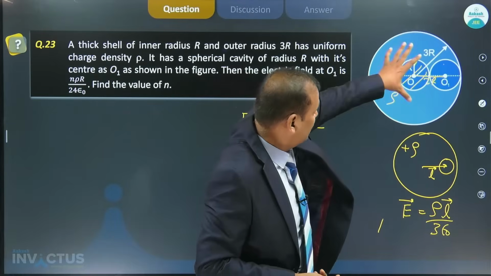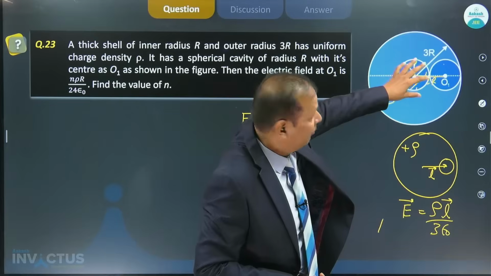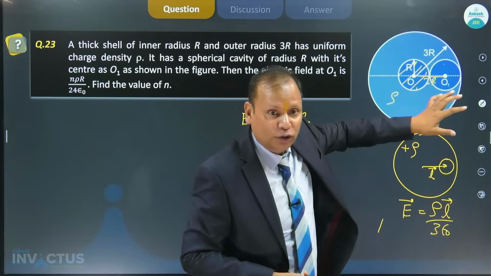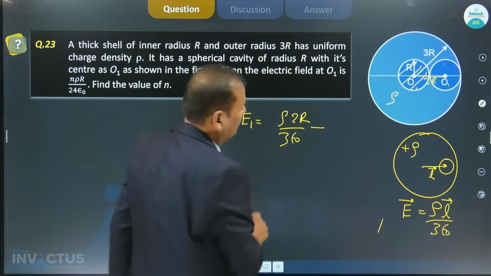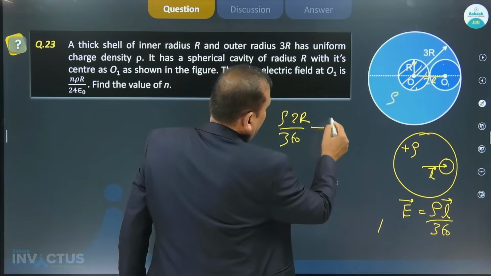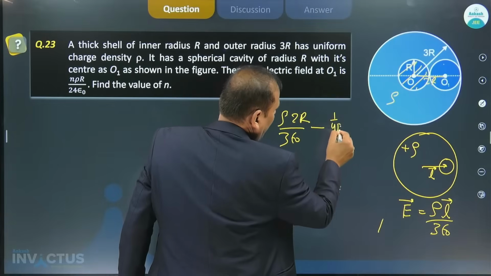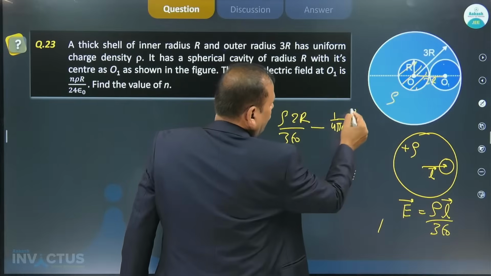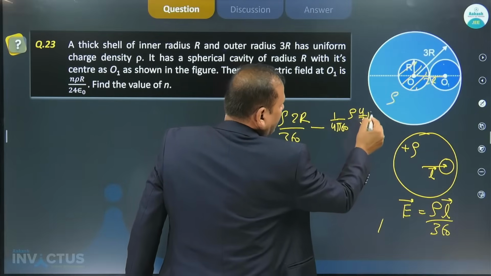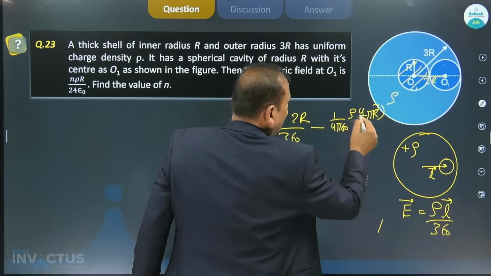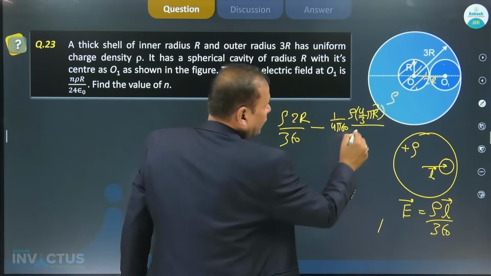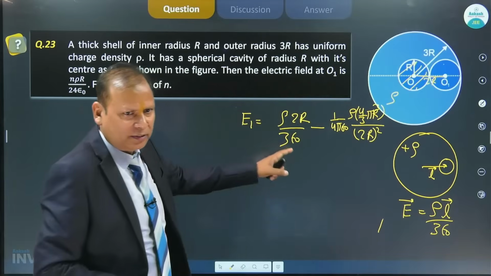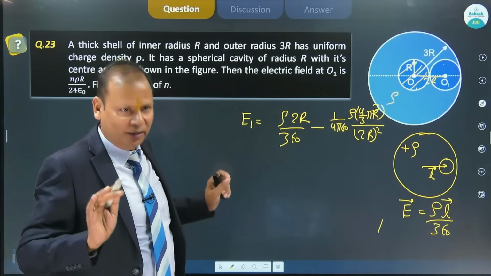Because in the complete sphere we have considered a charge here, but actually there is no charge, so its contribution in the electric field has to be subtracted. Minus 1 by 4 pi epsilon naught, k q, rho 4 by 3 pi R cube by R square, 2R squared. Just solve this and you will reach the right answer.